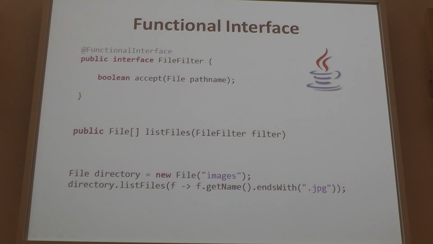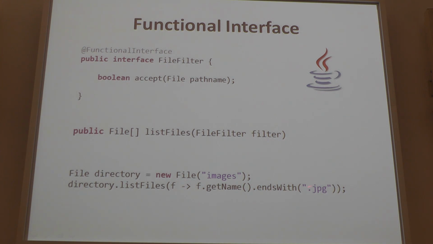So it returns a boolean, and the compiler will check that this lambda expression conforms with this interface that is required by the listFiles method. So it will check at this place that this lambda expression takes a File, so that you can call getName on the f here.